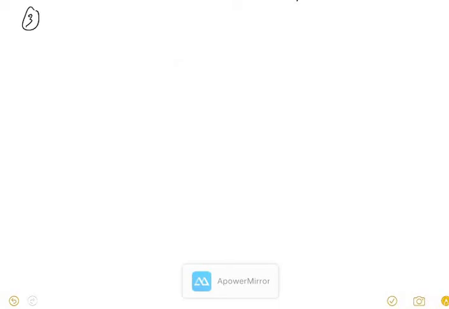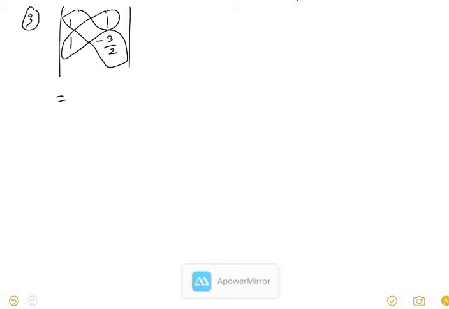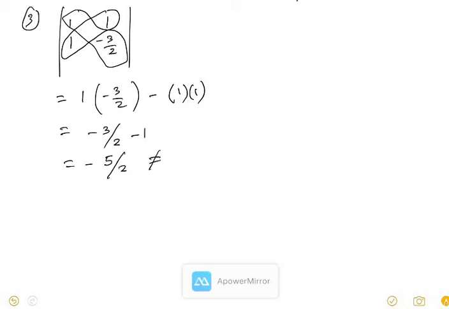So step 3, we check linearly independent or not. So you have 1, 1 and 1, negative 3 over 2. So you multiply this one and minus this one. So equivalent to 1 times negative 3 over 2 minus 1 multiplied with 1. So this is negative 3 over 2 minus 1, which is equal to negative 5 over 2, which is not equal to 0. This means that this is linearly independent.